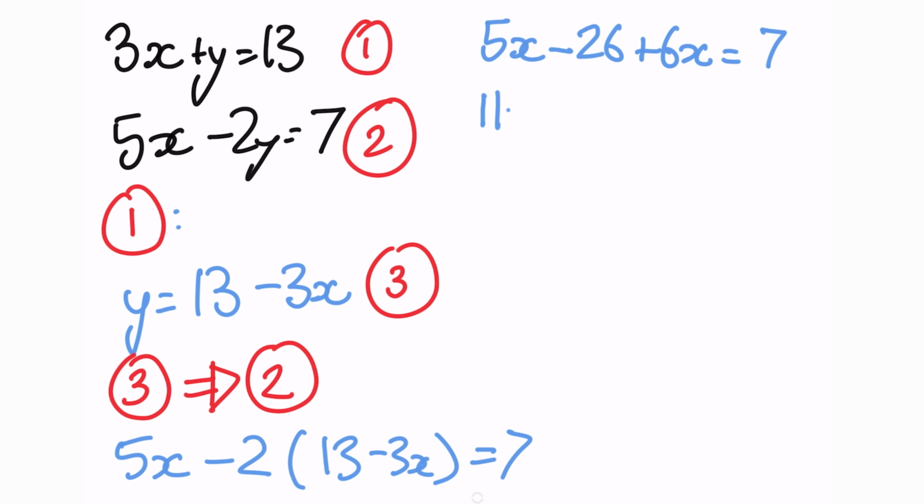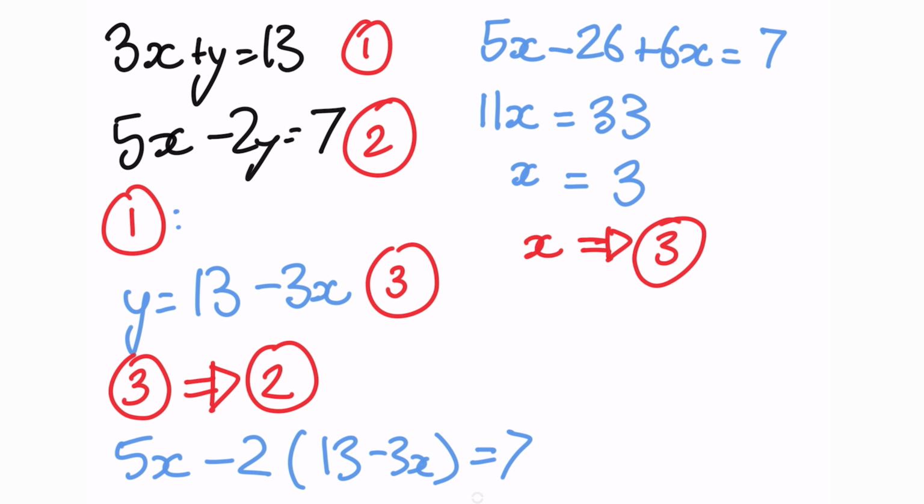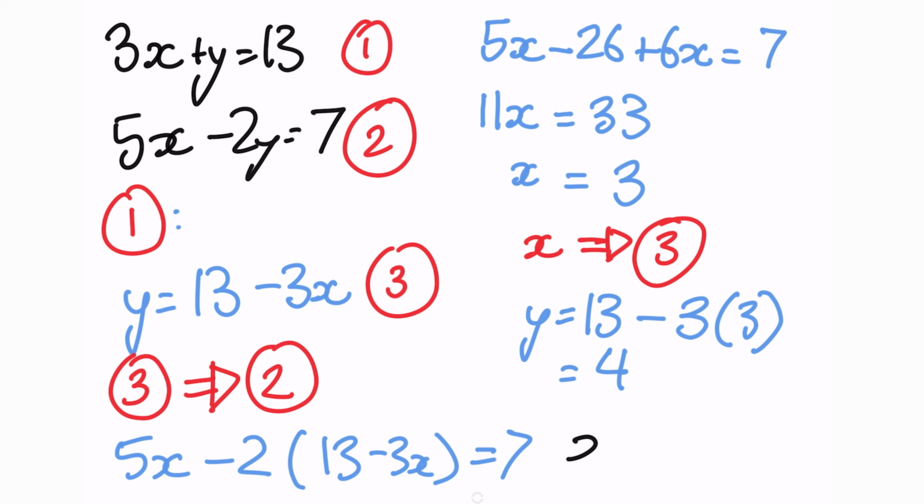Then if I collect the like terms, I'll get 11x equals 33, x equals 3. Now if I substitute x into the third equation, I'll get y equals 13 minus 3 times 3. So 13 minus 9 is 4, y equals 4. So our answer is x equals 3, y equals 4.